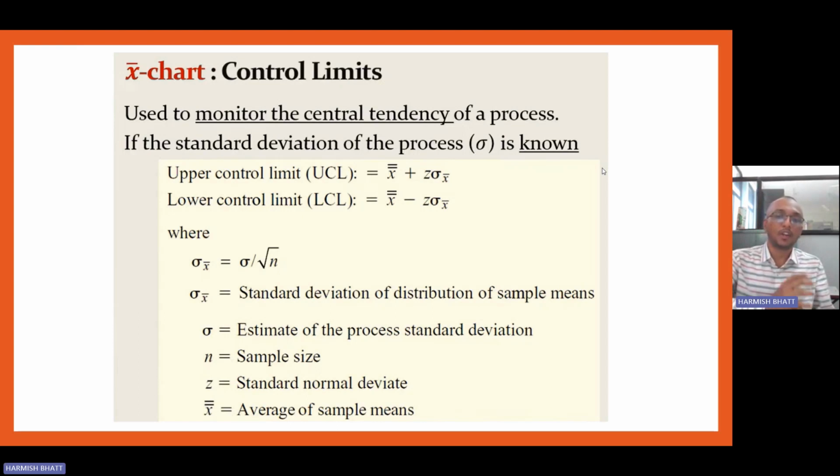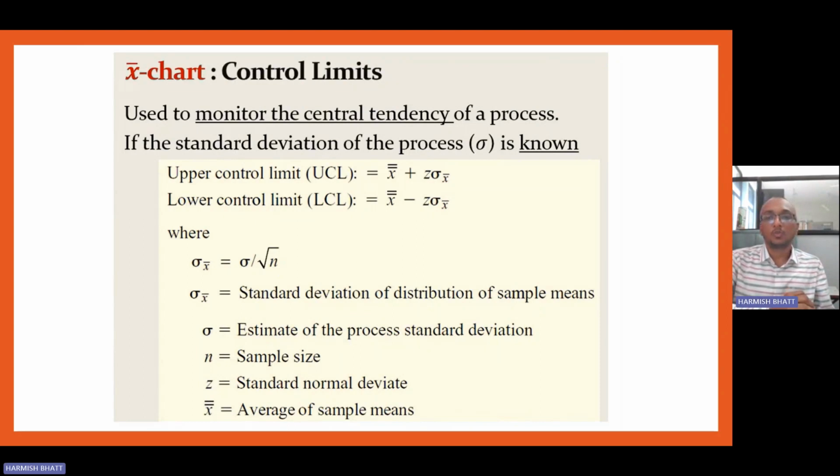X double bar we already have discussed in the previous slide. That is nothing but the average of the sample means. Now the value of z is nothing but the standard normal deviate. And always remember that in general cases, the value of z will be equal to 3. So if nothing has been given to you, you can assume that the value of z is equal to 3.